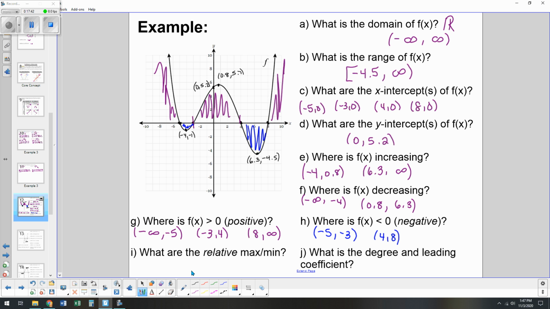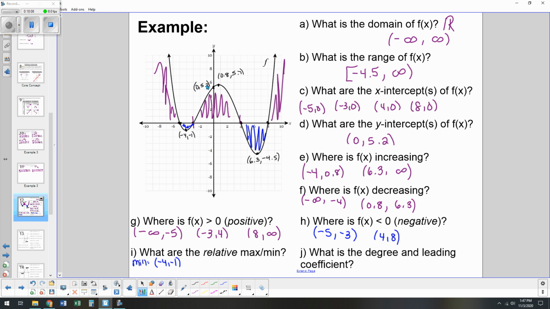Relative max and min. When we talked about a quadratic, we either had a maximum value or a minimum value. But relative maximums and minimums are really the lowest or highest point between two zeros. So between these two zeros here, I had a relative minimum, a bottom, at -4, -1.